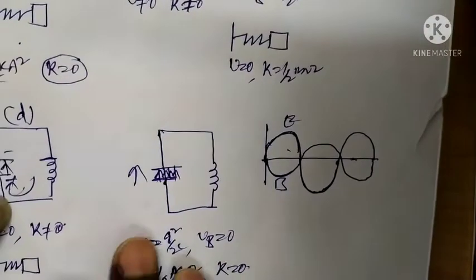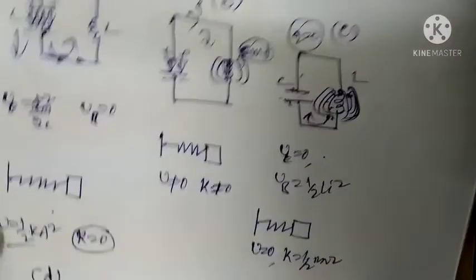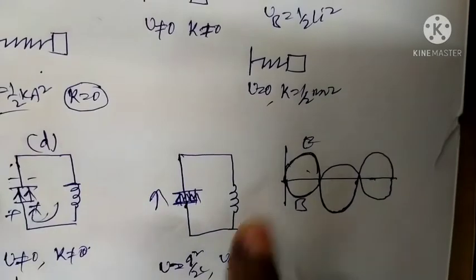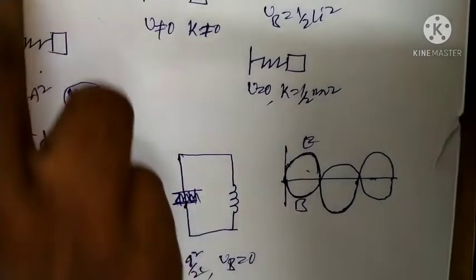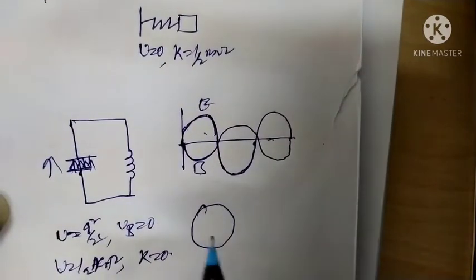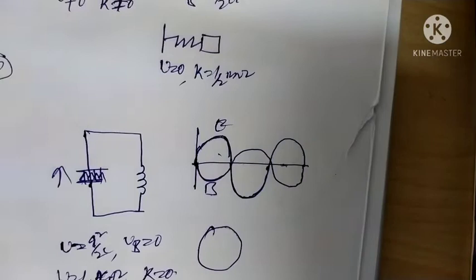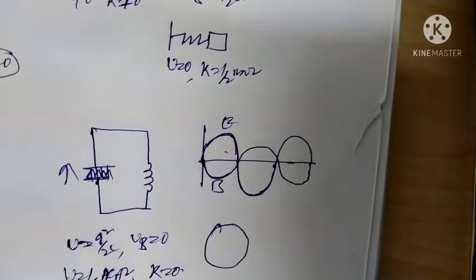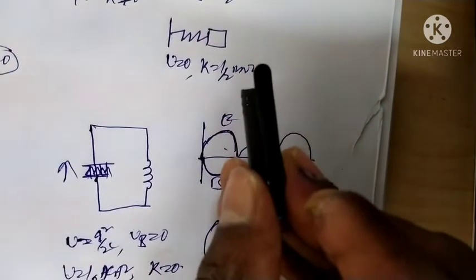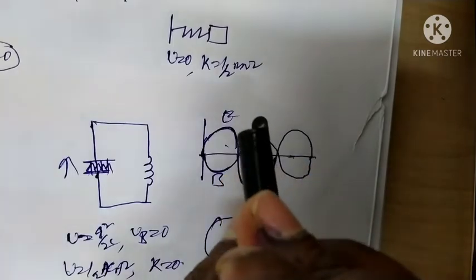Whatever it may be, this is the first case, second case, third case, fourth case, fifth case. In the fifth case, the initial case and final case will be the same, that is, a total of 360 degrees. In the case of an AC generator, the rectangular coil can be rotated 0 degrees, 90 degrees, 180 degrees, 270 degrees, 360 degrees.